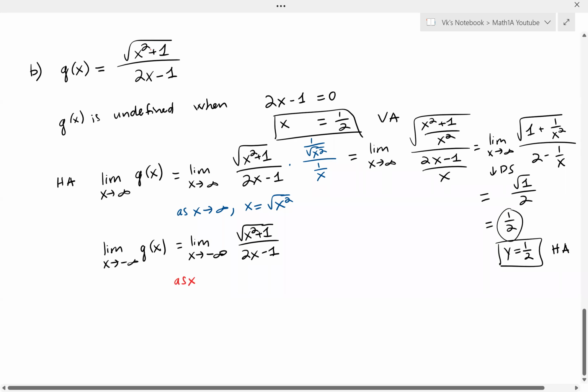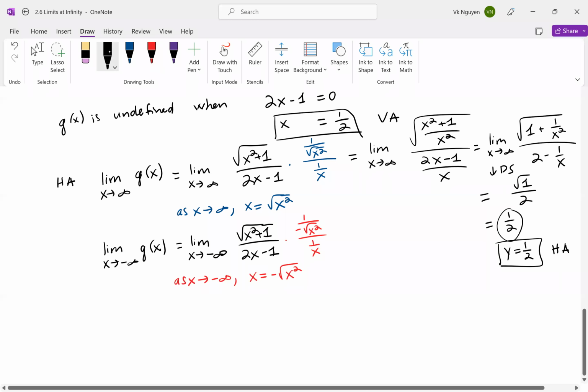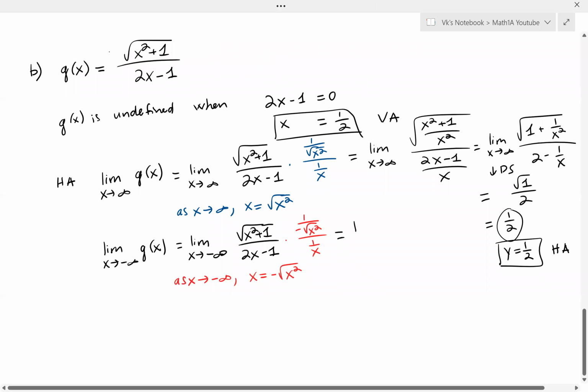Because as x goes to negative infinity, x has to be the same as negative square root of x squared because it is a negative number. So we're going to multiply by 1 over negative square root of x squared instead, and that was 1 over x. Yay, multiply by the number 1.